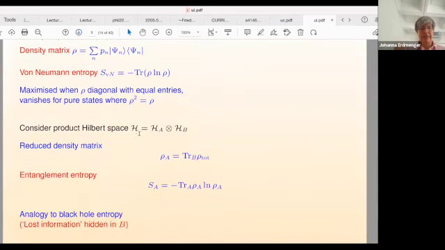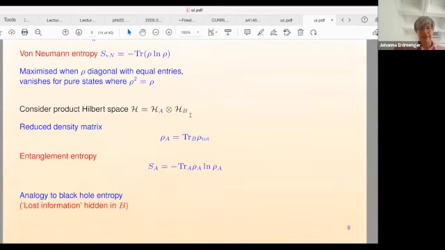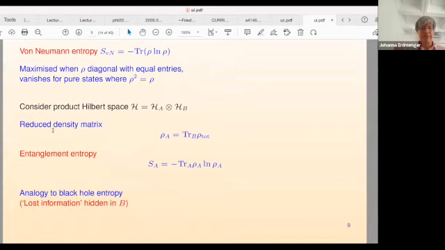Now consider a product Hilbert space of this type. Then we can define a reduced density matrix rho A by tracing over those degrees of freedom in Hilbert space B. The entanglement entropy is then defined via this reduced density matrix. There's already an analogy to the black hole information, because by this tracing, we lose some information.